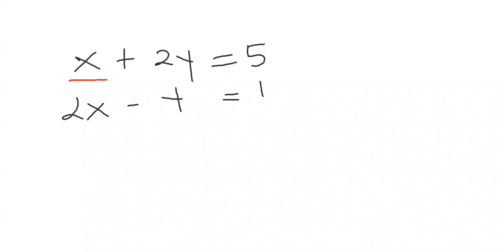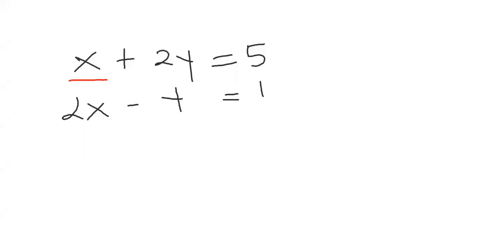For you to eliminate x, first thing, you have to make sure that the coefficients of your variables, the ones that you want to eliminate, are the same in both equations.